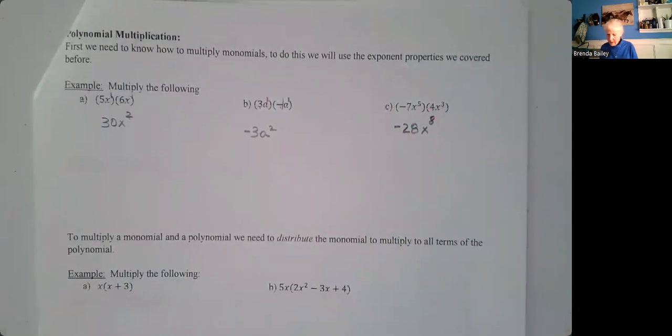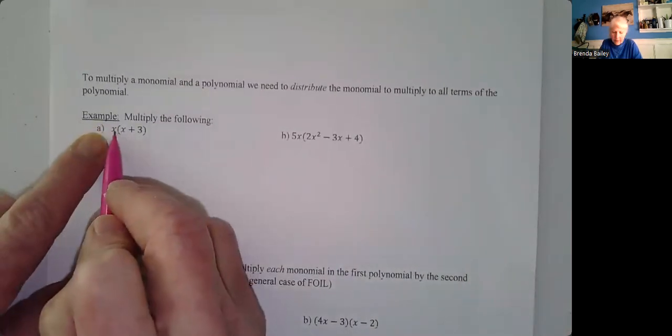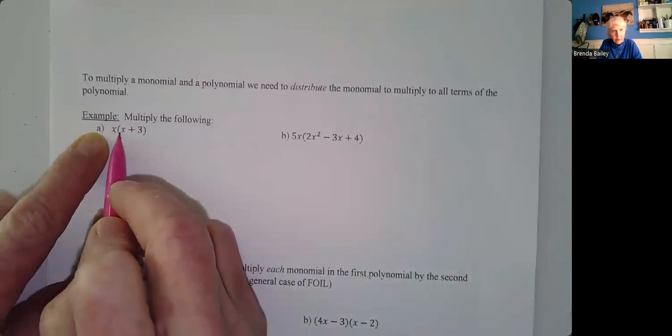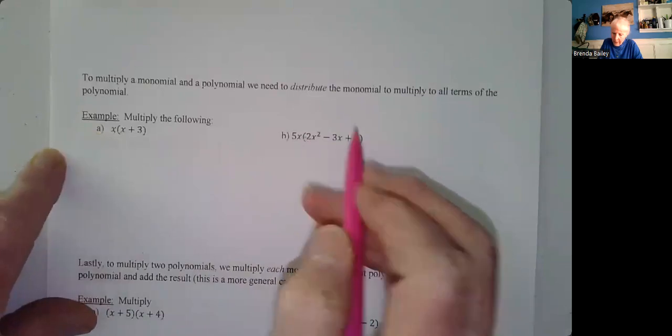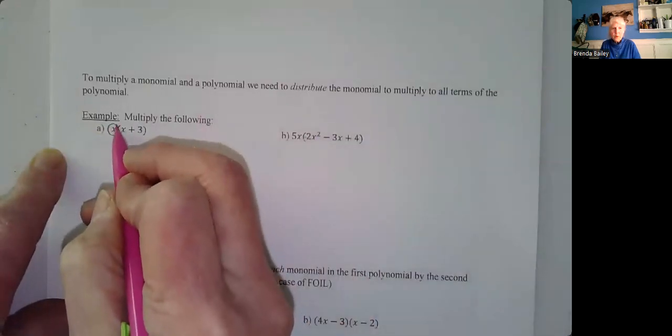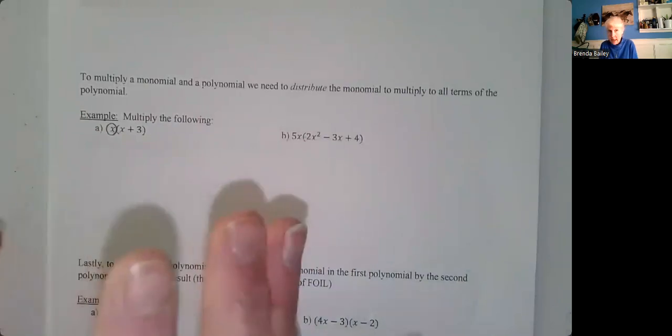All righty. So now we're going to take this monomial, you can think of it as a monomial, times a binomial or times a trinomial. When you have one out here, we're going to use what's called the distributive property. And we're going to take the x times everything on the inside.